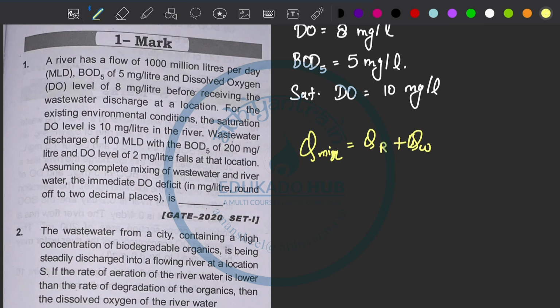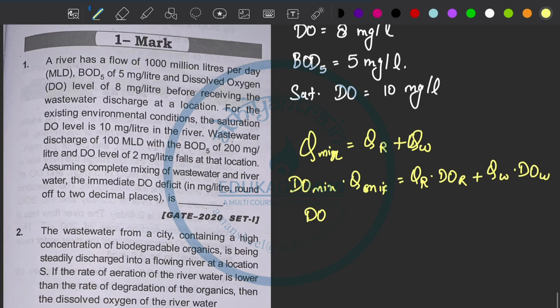So the formula is: the dissolved oxygen of the mix into discharge of the mix gives the discharge of river into DO of river plus discharge of wastewater into DO of wastewater.